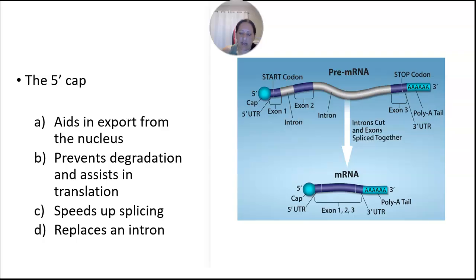Your cells actually have a natural defense mechanism to get rid of mRNA, especially non-eukaryotic self mRNA. So there are enzymes in the cytoplasm that can degrade this. And so by having both the 5' cap and the poly A tail, that's going to prevent degradation or the breakdown of the mRNA. It's going to help it to last longer in the cytoplasm so that proteins can be made. And it also assists in translation. Okay, so B would be correct. It helps to promote ribosome binding. So B.